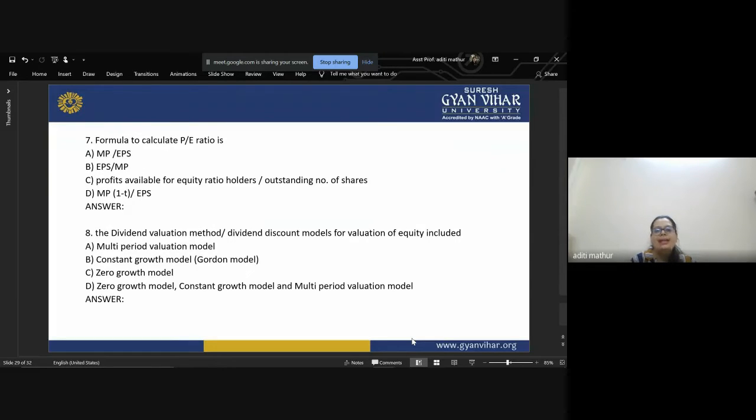Question number 7 and question number 8. In question number 7, you have to identify the formula of calculating K with the help of price earning ratio.